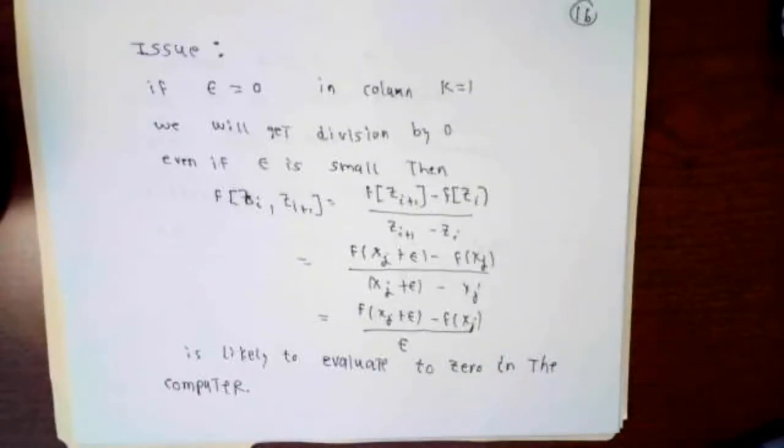Now, I'm going to make trouble for myself. If the epsilon were 0, because I have repeated function values and repeated x values for some of them, trying to do the standard Newton divided difference formula would cause division by 0, and of course we can't have that.